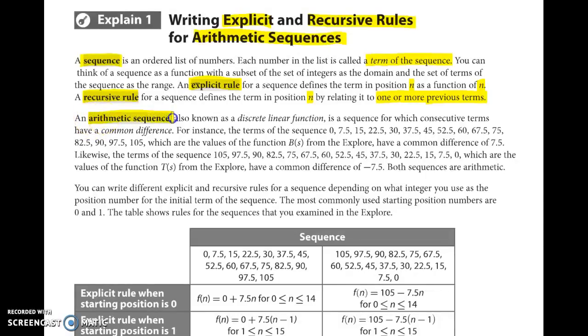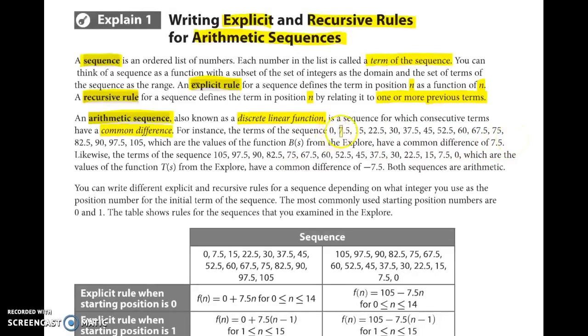An arithmetic sequence is also known as a discrete linear function, and it's a sequence for which consecutive terms have a common difference. For instance, in this sequence here, we have the terms 0, 7.5, 15, 22.5, 30, and so forth, which are all values of the function, and they're using b of s to represent it, and they have a common difference of 7.5.